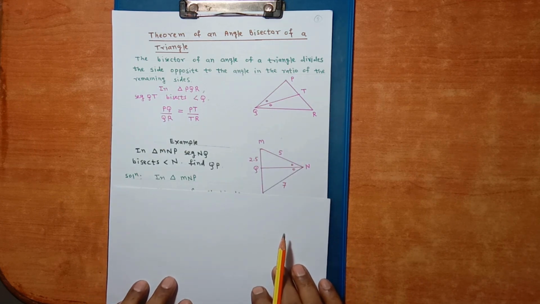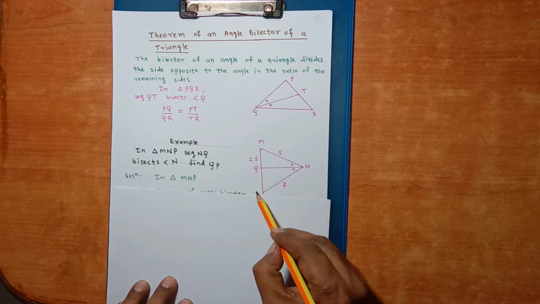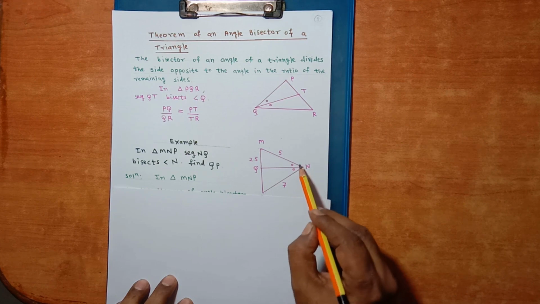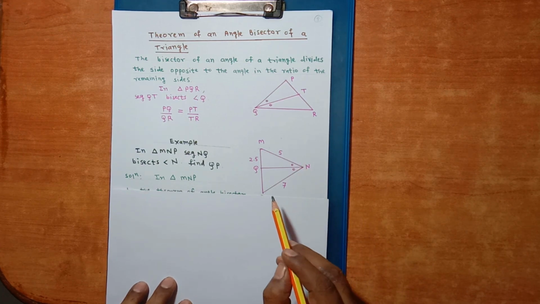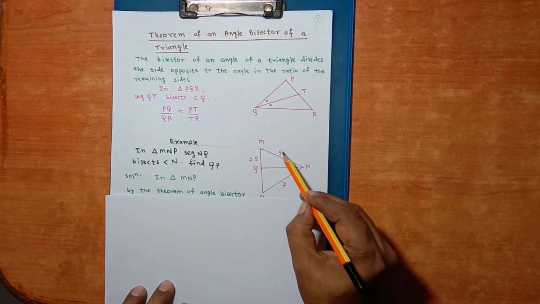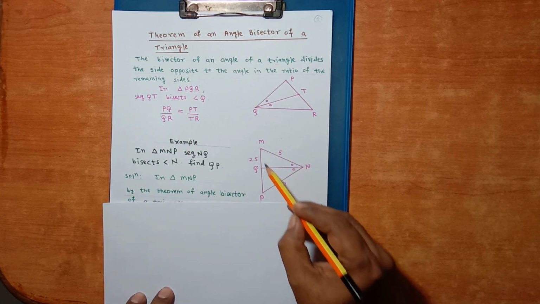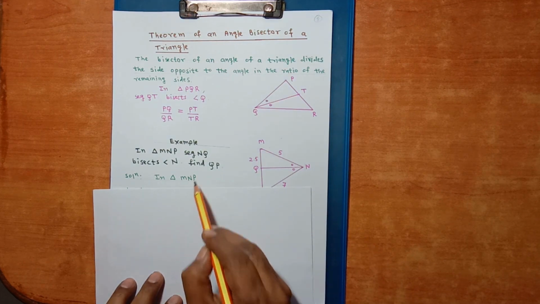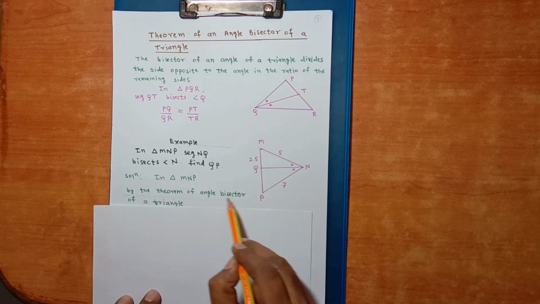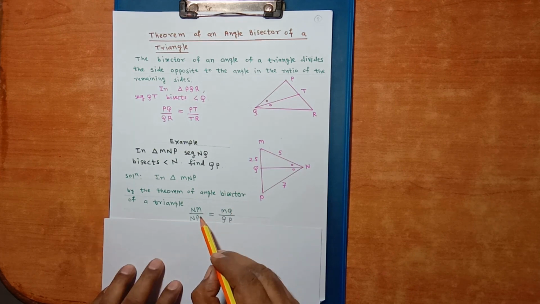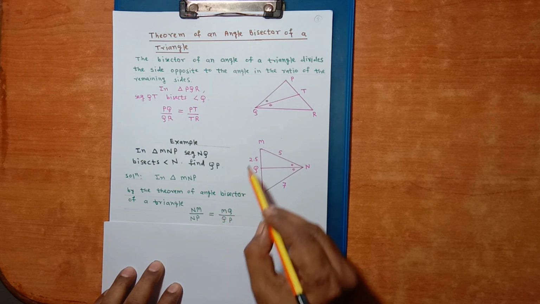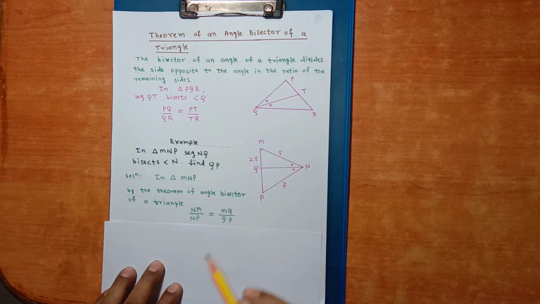In triangle MNP, segment QN bisects angle N and MN is 5, PN is 7, MQ is 2.5 and we have to find out the length of QP. In triangle NMP, by the theorem of angle bisector of a triangle, MN upon NP is equal to MQ upon QP.